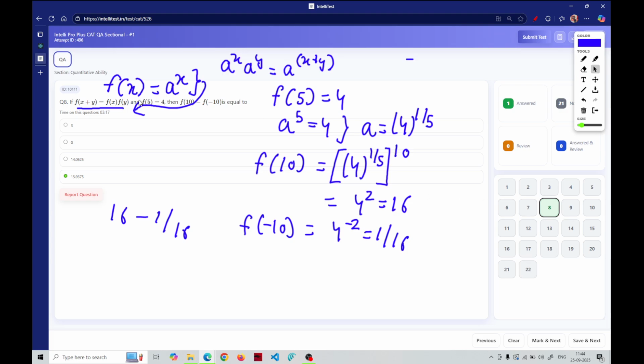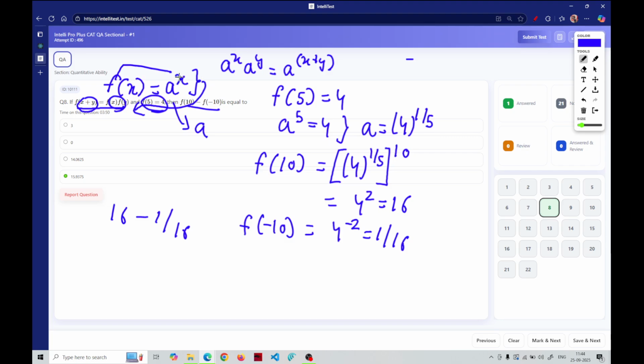Whenever you see this particular expression, let me pull the pen, where we are multiplying two variables and it is equal to the sum of those variables, we can just assume this function to be an exponential, a to the power x or b to the power x, whatever. And then we have the condition given here from where we figured out the value of a, and then we found out this expression.